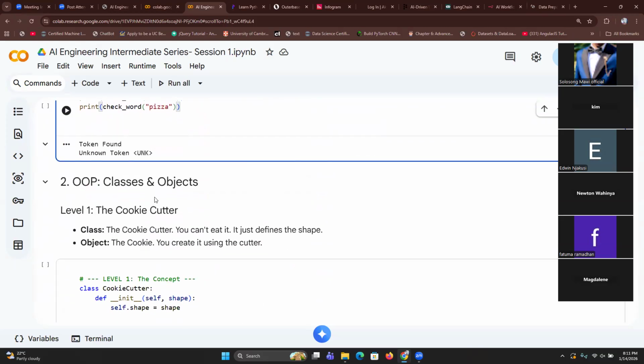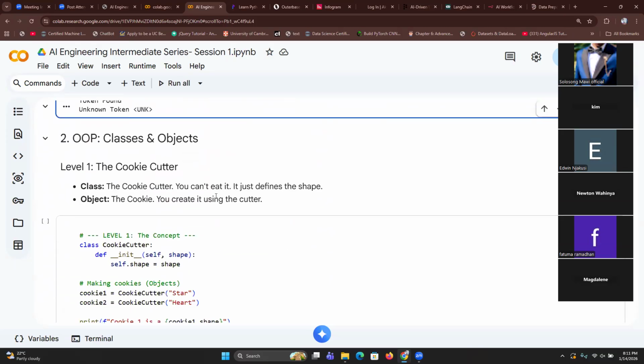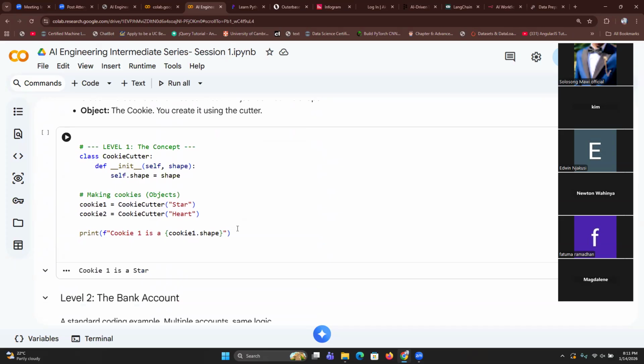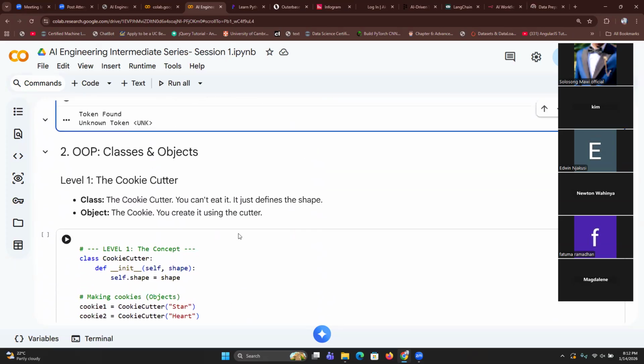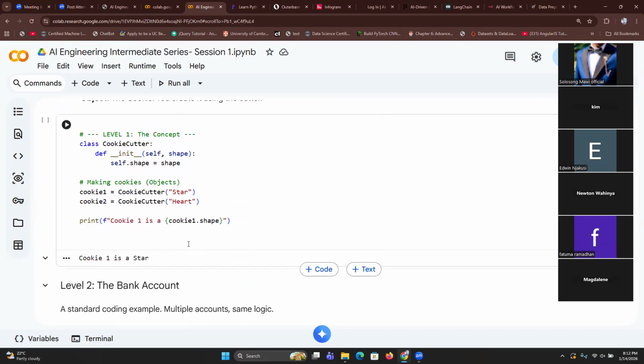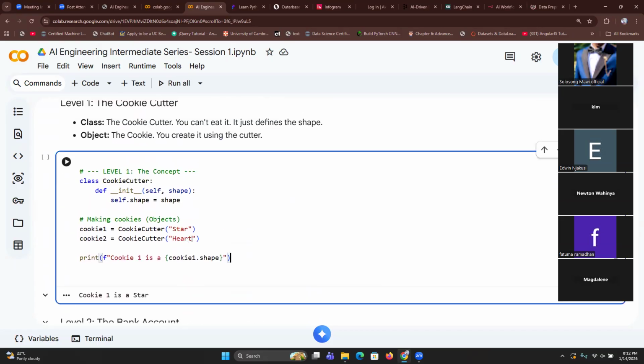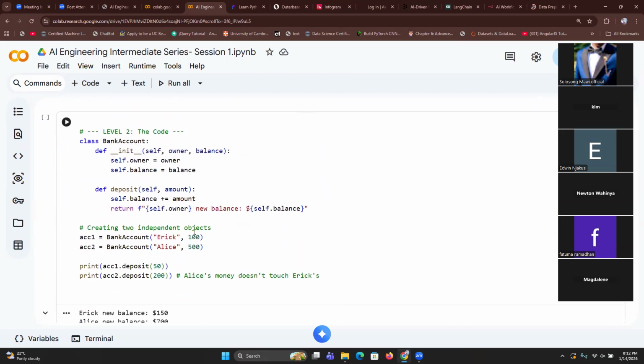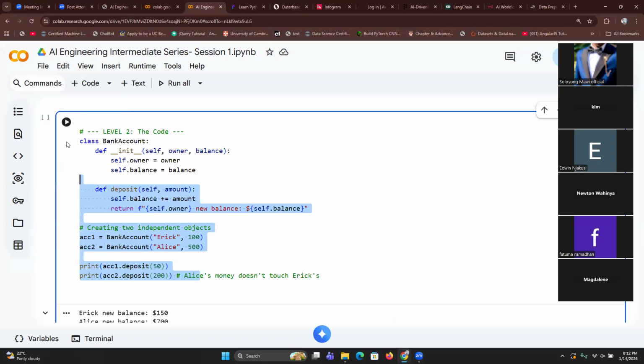On Monday, we go to object-oriented programming. I love how object-oriented programming structures the code. It's very simple, whereby we'll be talking about classes and objects, and inheritance. This is a very simple example of OOP. A realistic example is maybe you're building a bank account.